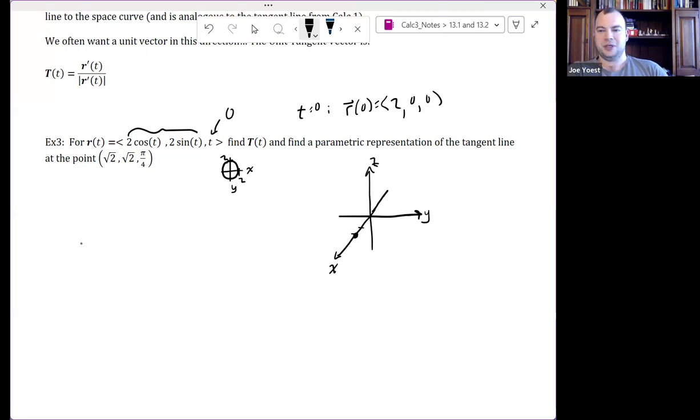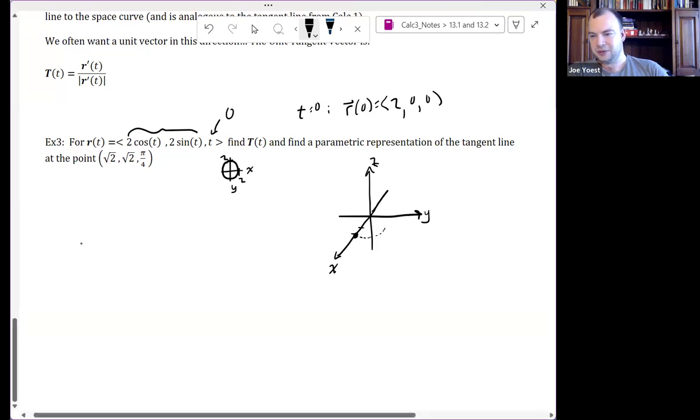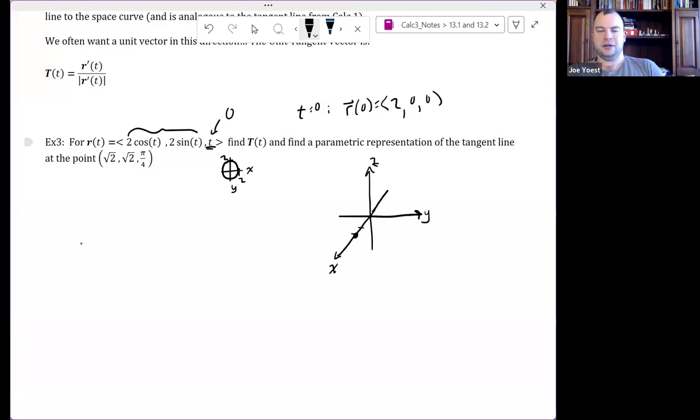And then as t starts to increase, if z was 0, we would just be tracing out a circle in the xy plane. But if we started along that path and also take into account the fact that the z component is t, as t increases, we start to trace out that circle from the xy perspective, but z starts to increase as well.